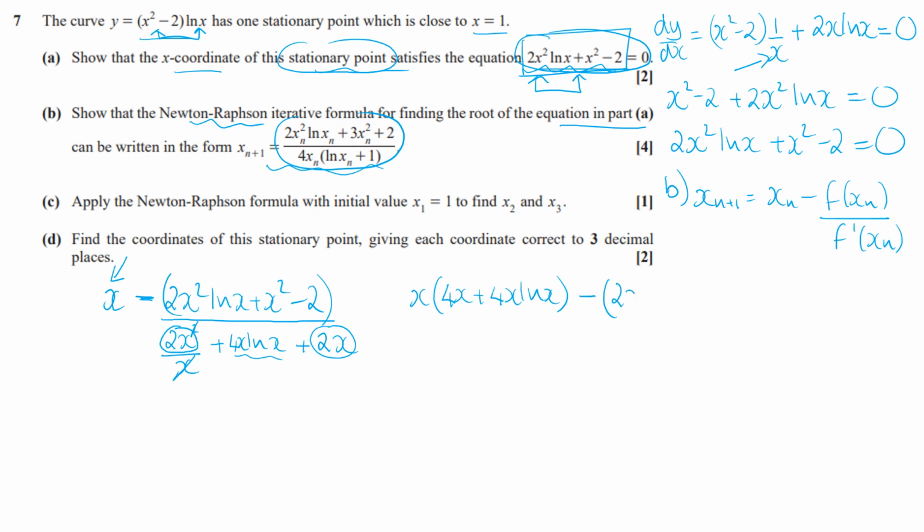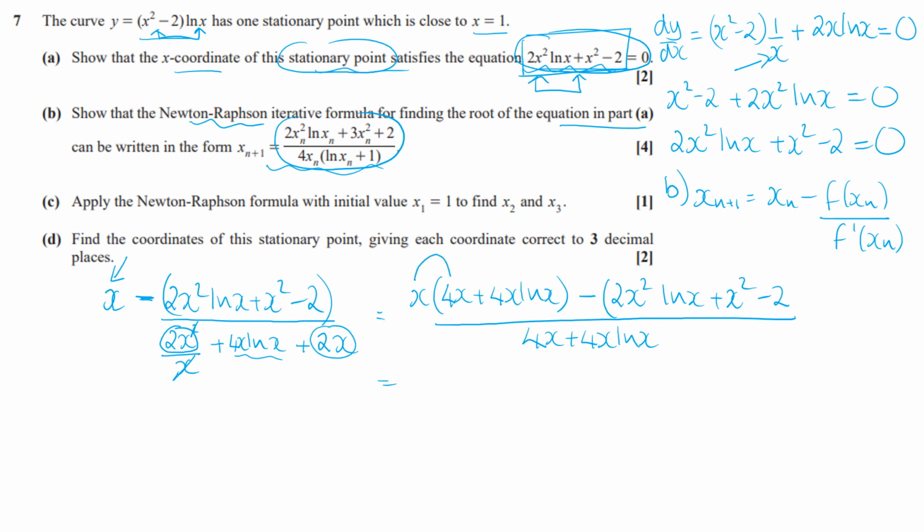So it's 2x squared ln of x plus x squared minus 2. And then that can all go over that common denominator, 4x plus 4x ln of x.